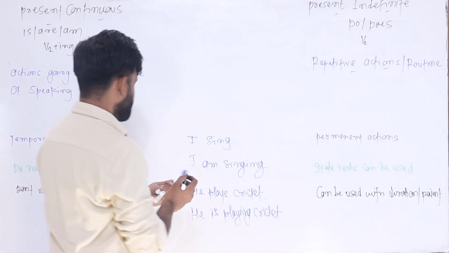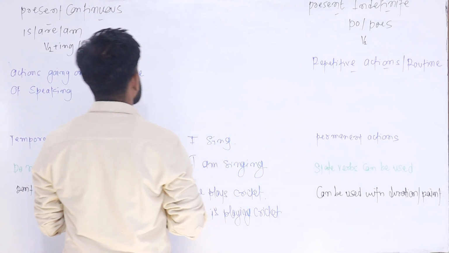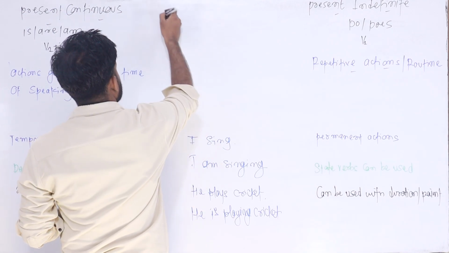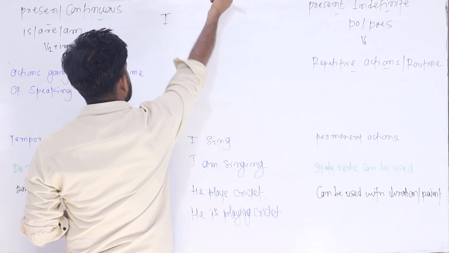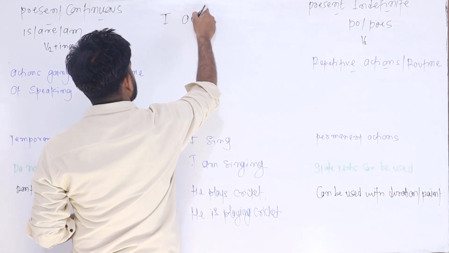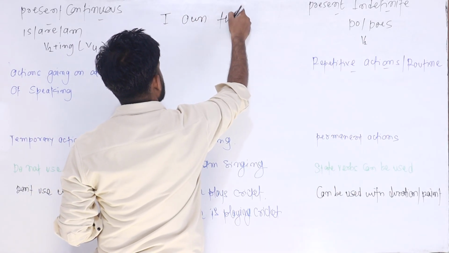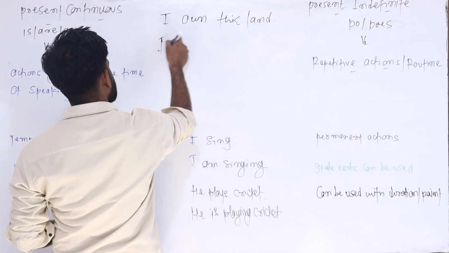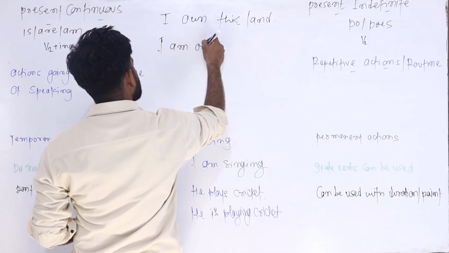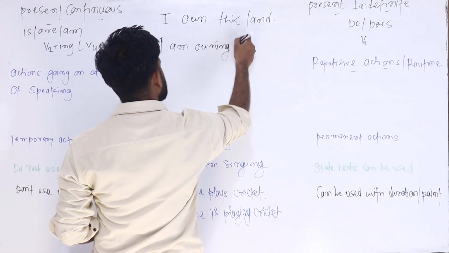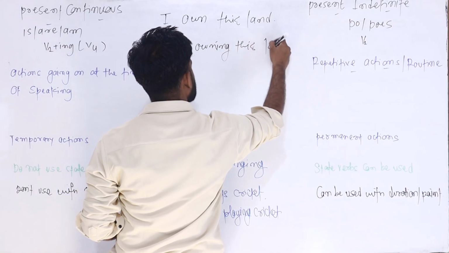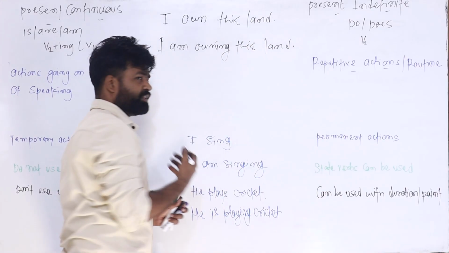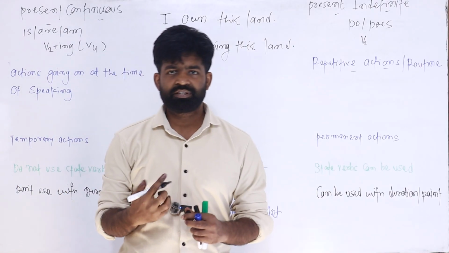So whenever I say, I own this land and I am owning this land. Now, out of these two sentences, the first one is correct.